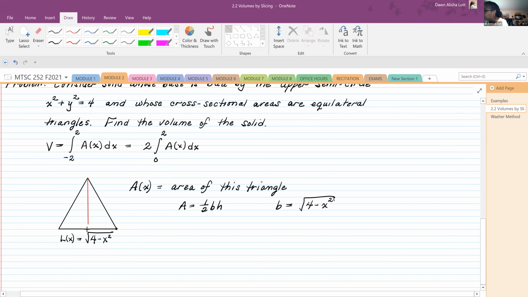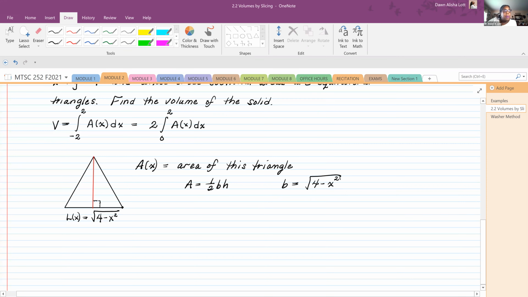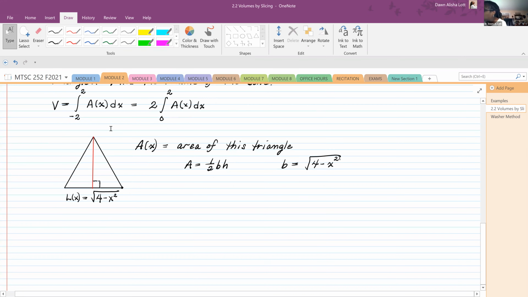For this to be the height, it comes down at a 90-degree angle. I already know what this side is. This side over here is also the square root of 4 minus x squared, because it's an equilateral triangle and all the sides have the same length.